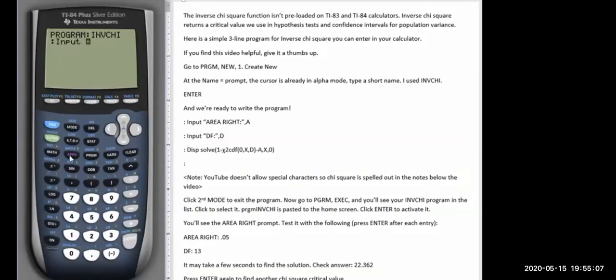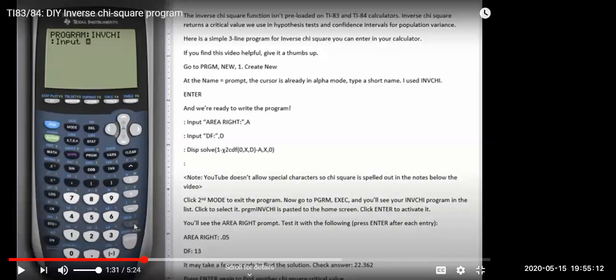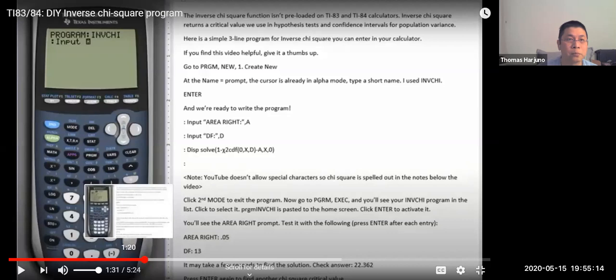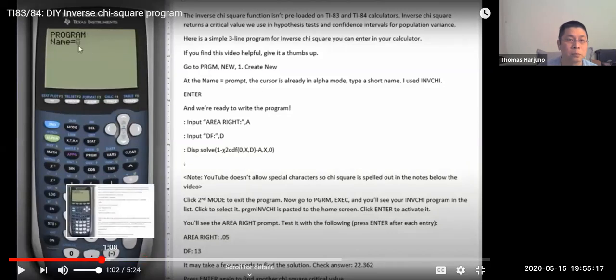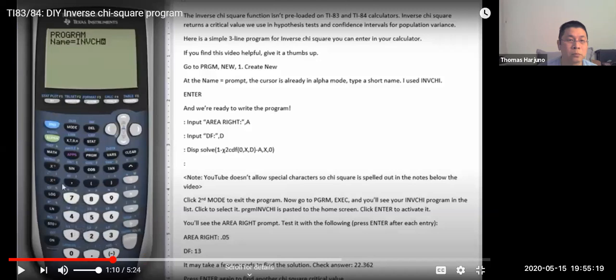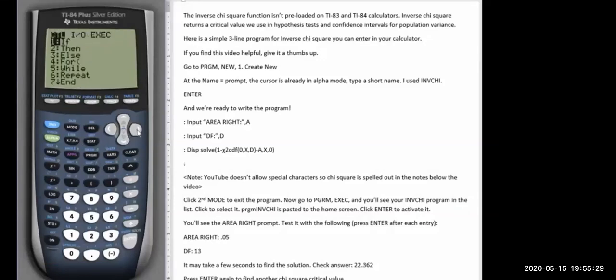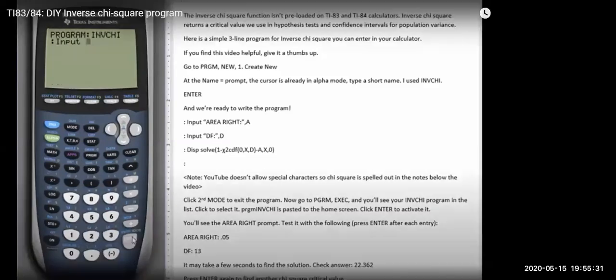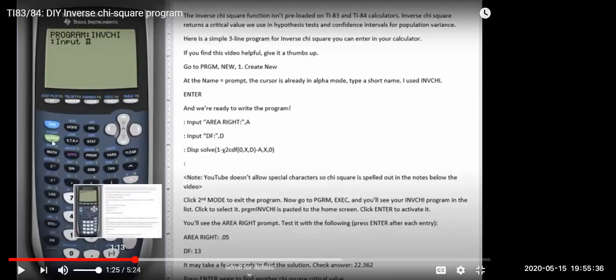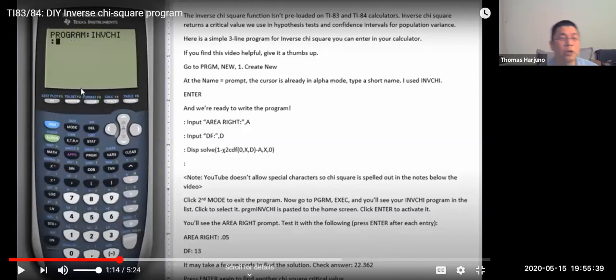Which button do I click after I input the INV chi? Go to the input. Where's the input? Program. Okay, go to program again. So from here, if you want to put that input, you press program.